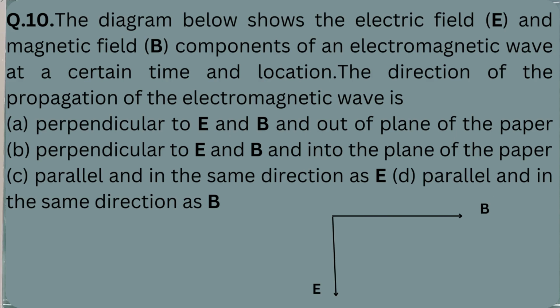The direction of propagation of the electromagnetic wave is: A, perpendicular to E and B and out of the plane of the paper; B, perpendicular to E and B and into the plane of the paper; and C, parallel and in the same direction as E and parallel and in the same direction as B. The correct answer is A, perpendicular to E and B and out of the plane of the paper.